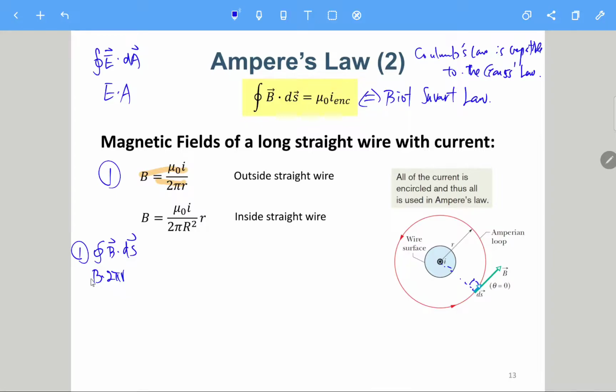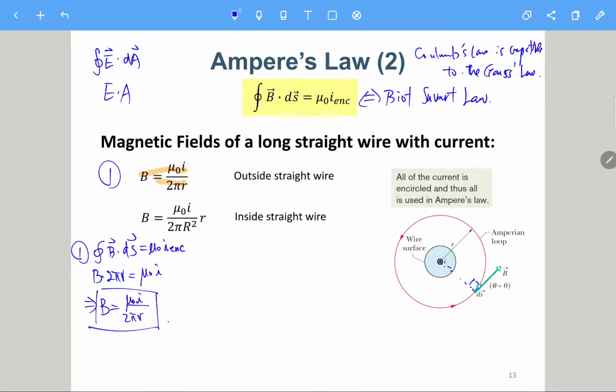It is B times 2 pi r on the left side, and on the right side it is mu0 I enclosed, and in this case I is our I enclosed. So we simply get B equals mu0 I over 2 pi r.